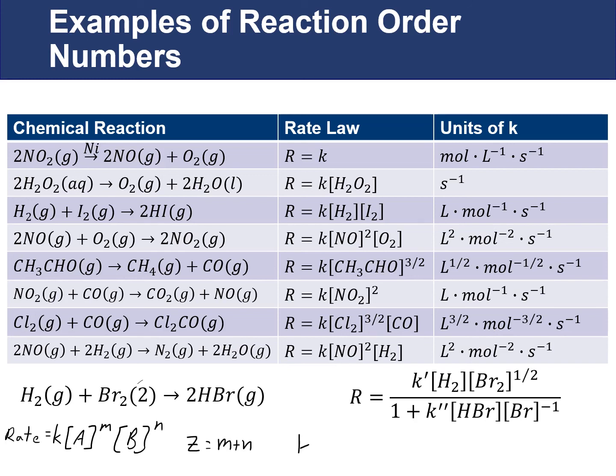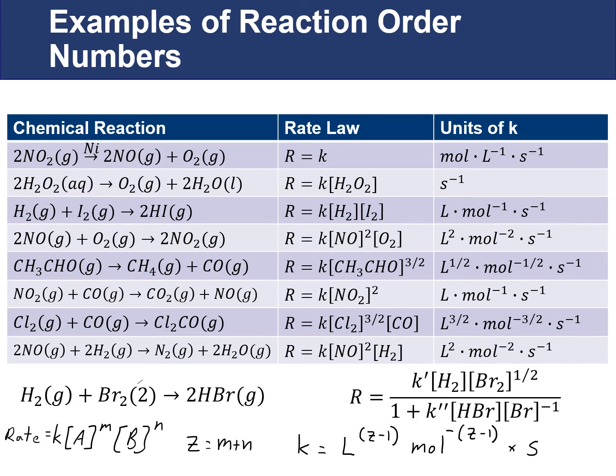For K, the units are going to be liters raised to the Z minus 1, moles raised to the negative of Z minus 1, times seconds. So essentially, whatever our value is, we need to leave us with liters on bottom, moles on top.